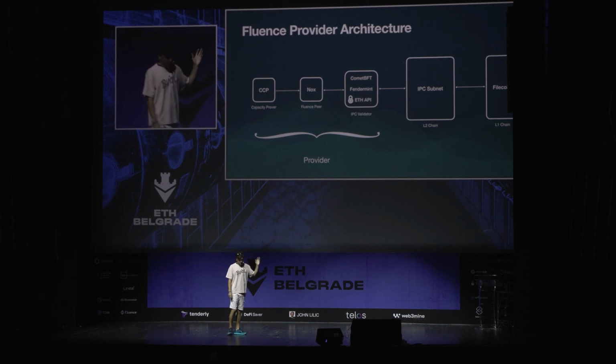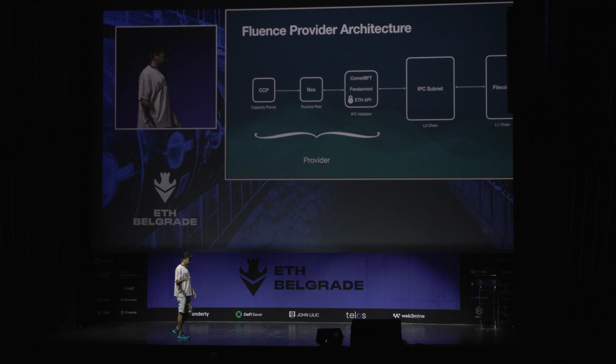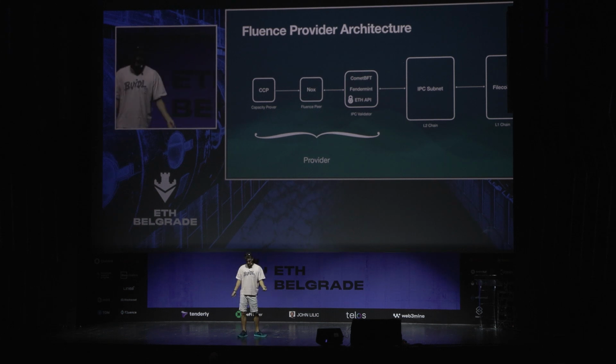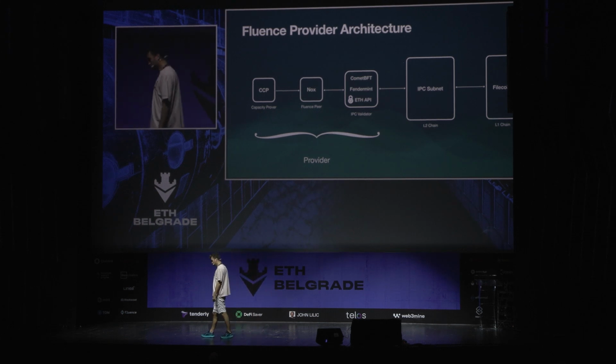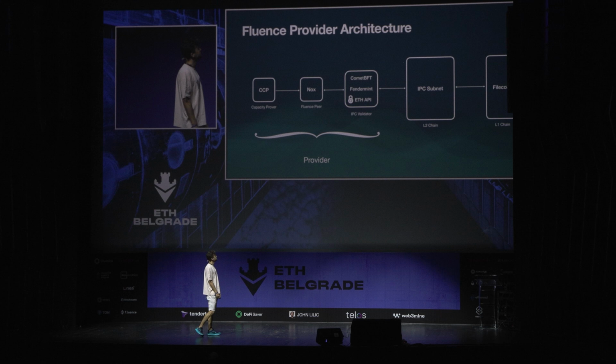Some of the providers also participate in the validation of the blocks of the L2 blockchain that powers the billing and the proof verification of the Fluence protocol. Some of them don't. That's a decision of the validator and of the protocol. Right now that L2 is on proof of authority. It will be on proof of stake pretty soon.